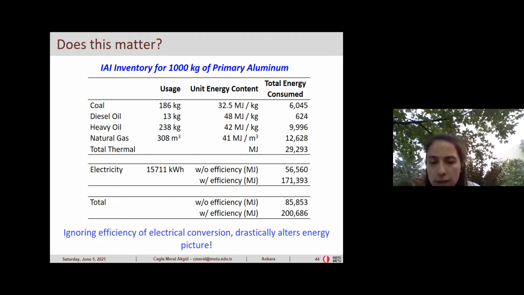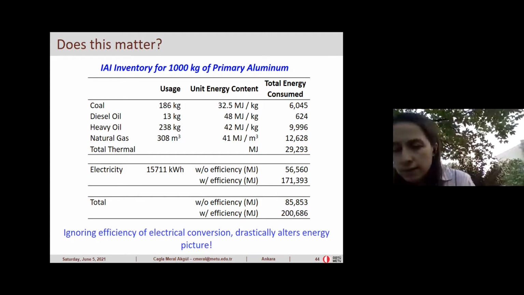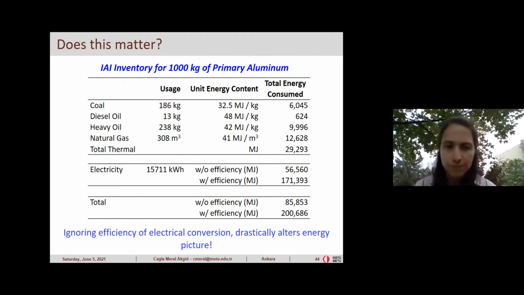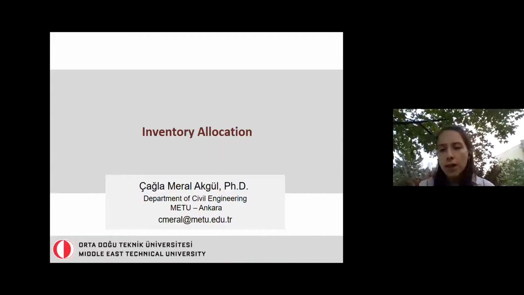So total, if you exclude electricity efficiency, it is around 86,000. If you include efficiency conversions, then it is around 200,000 megajoules. So ignoring efficiency of electrical conversion drastically alters the energy picture. Okay, so this was the basics for inventory analysis. Now you need to also consider something more, the allocation.